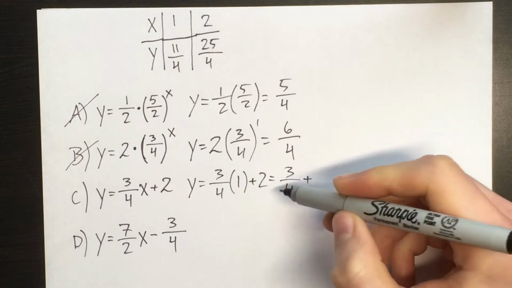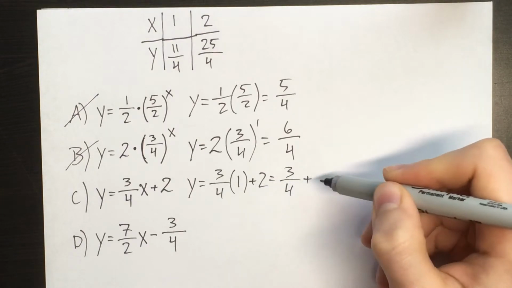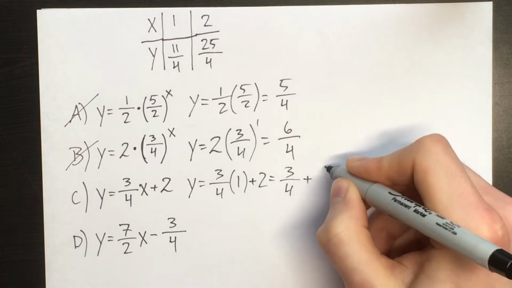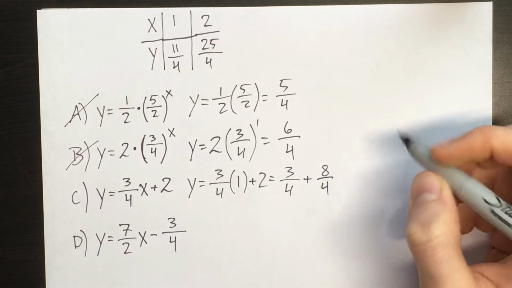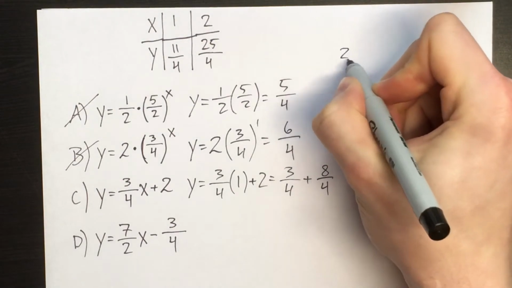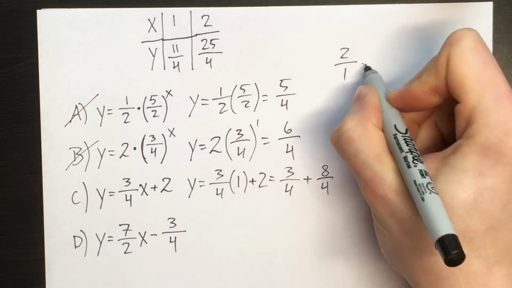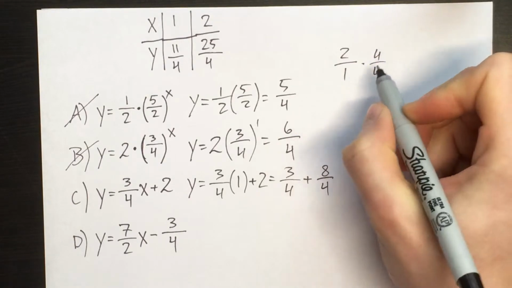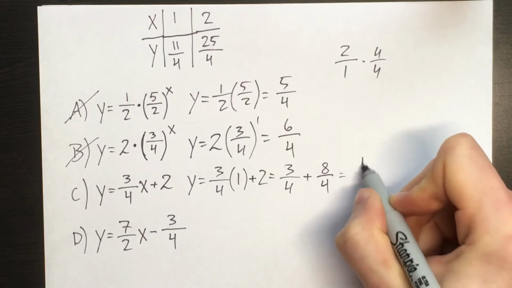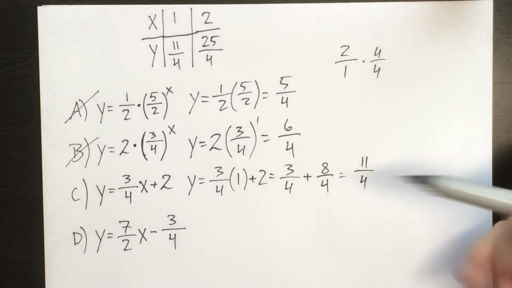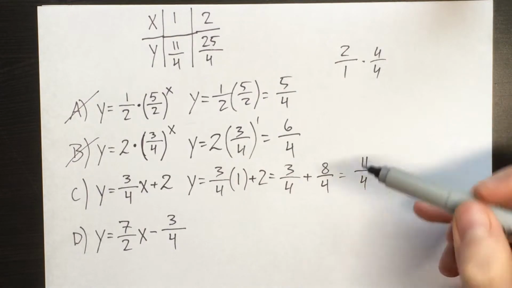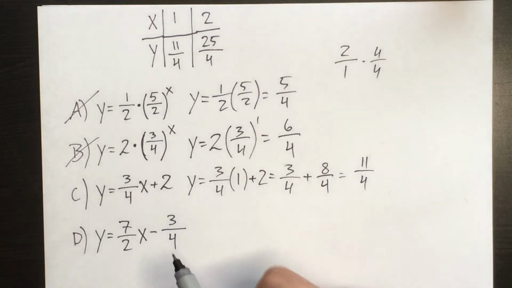I'm going to express 2 as a fraction so we can combine the fractions. 2 expressed as a fraction with 4 in the denominator is 8 over 4, because that's like 2 over 1 times 4 over 4, so that'll be 8 over 4, but still equal to 2. So that's equal to 11 over 4. So it's looking pretty good. Looks like what we need, but let's check D though.